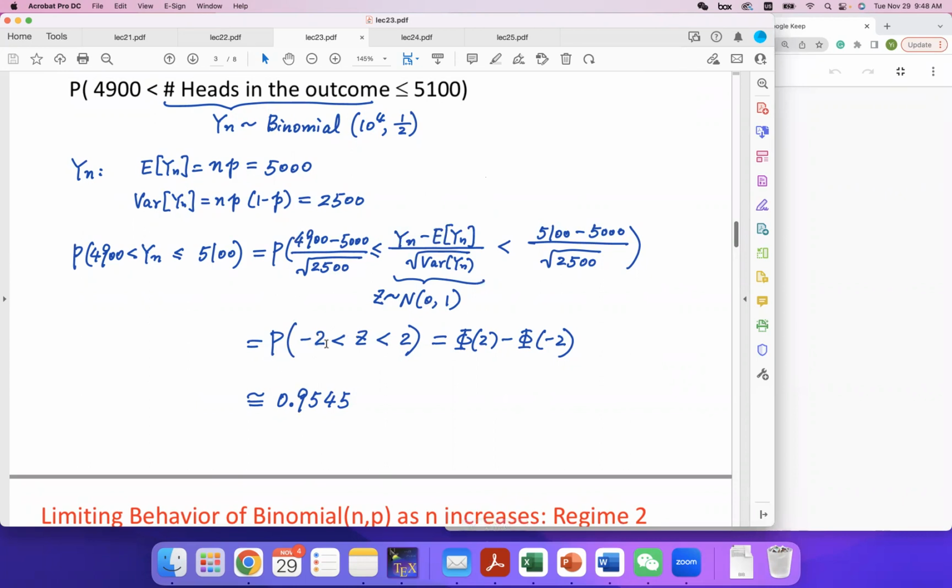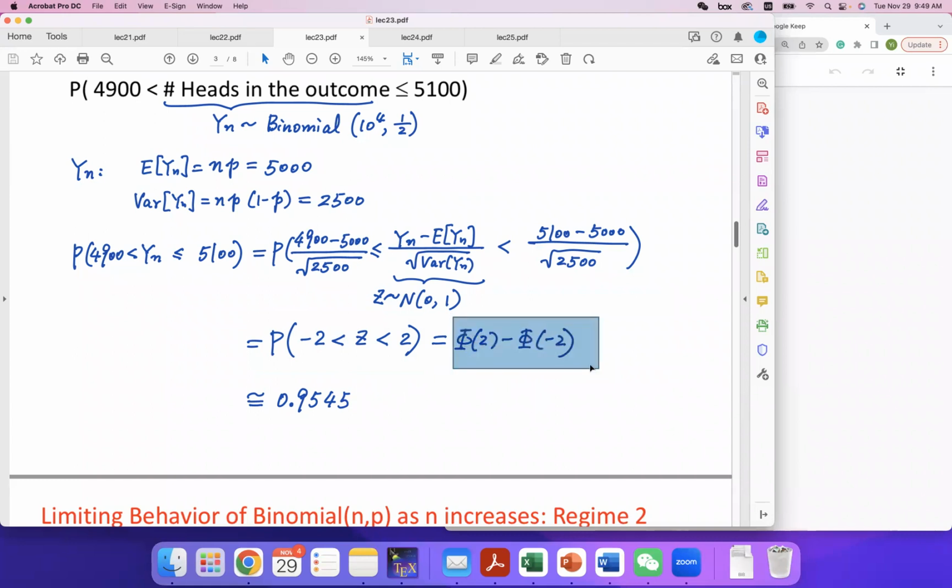Z is between -2 and 2. And now this Z is approximated by a standard Gaussian random variable. So the probability of this event can be expressed in terms of the CDF function of the standard normal Gaussian. It's the Phi function: Phi(2) minus Phi(-2).